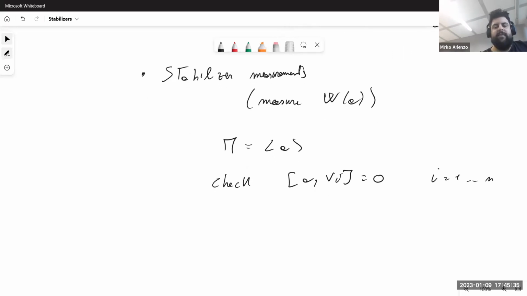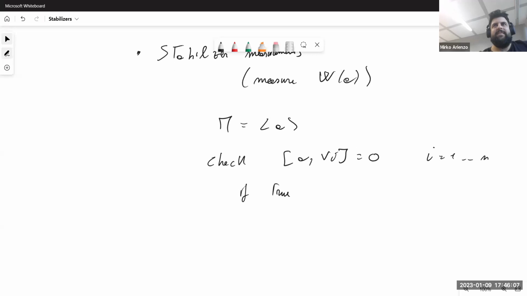Now, if true, that means that your state after the measurement is basically the same. If true, let's think first about the outcome distribution.